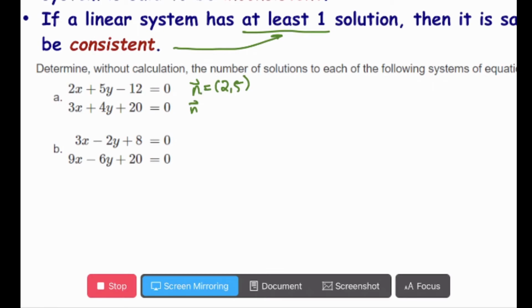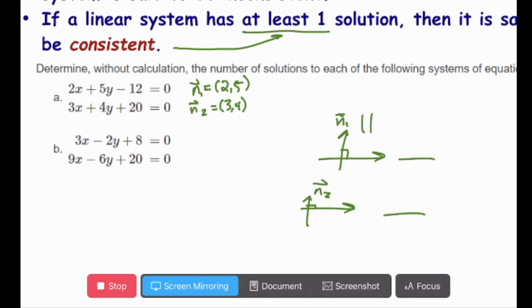And my normal vector for line 2 is going to be 3 comma 4. If these lines are parallel, then their normal vectors must also be parallel, because they're offset by the same amount, 90 degrees. So I don't need to convert them or anything. I can work directly with my normal vectors here.